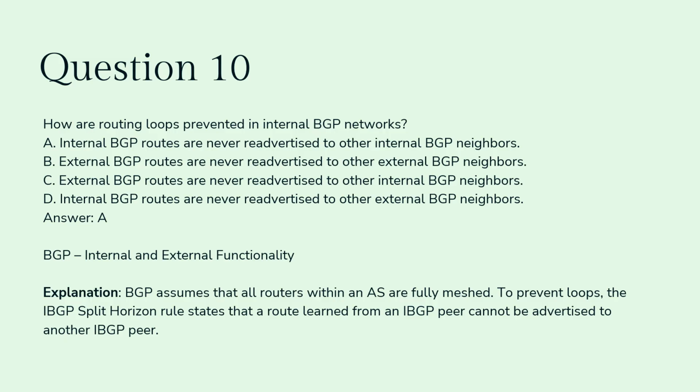D. Internal BGP routes are never re-advertised to other external BGP neighbors. Answer: A. BGP, internal and external functionality. Explanation: BGP assumes that all routers within an AS are fully meshed. To prevent loops, the IBGP split horizon rule states that a route learned from an IBGP peer cannot be advertised to another IBGP peer.